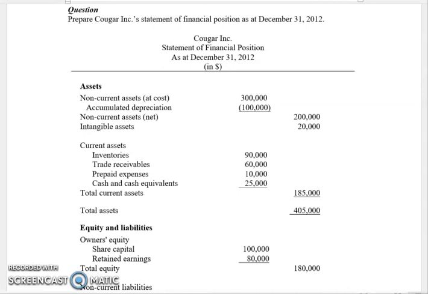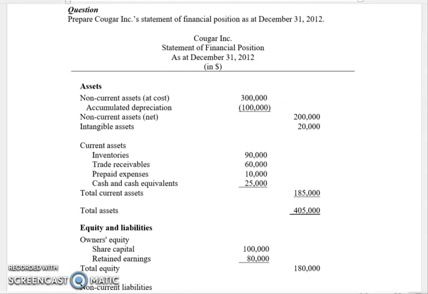So we have to slowly expense that asset's cost. That goes on depreciation expense on our statement of income, but then it accumulates year over year on our statement of financial position, and that's the figure accumulated depreciation.